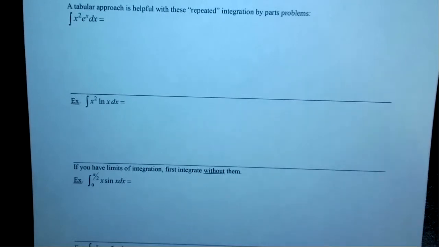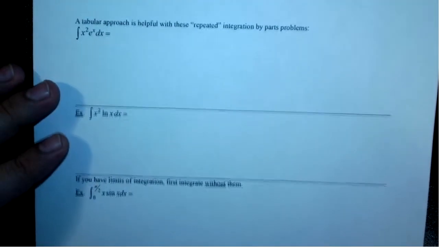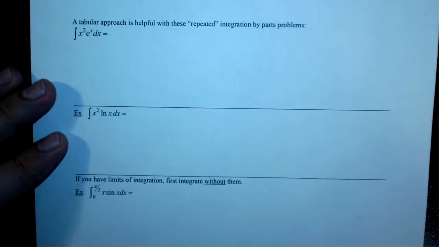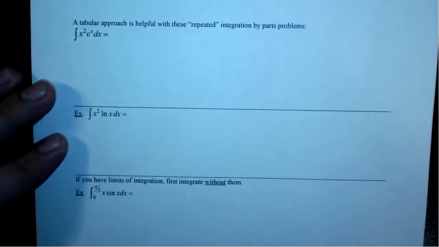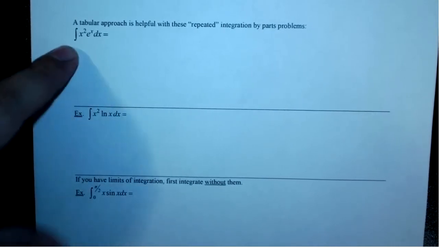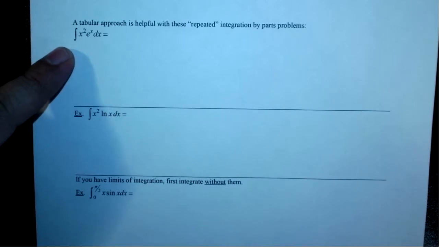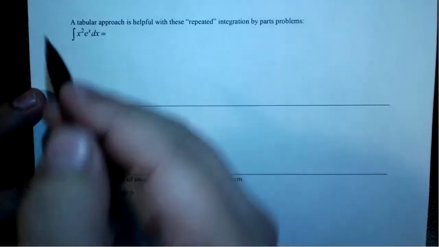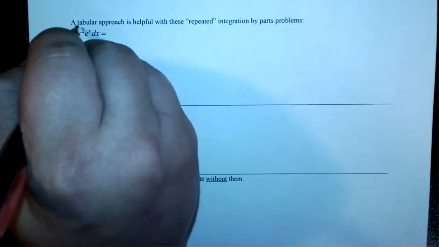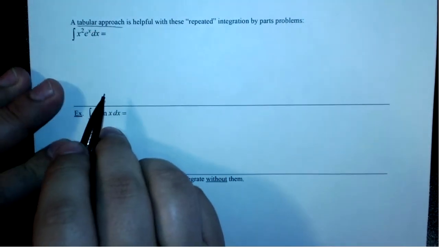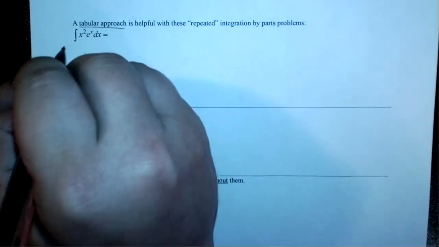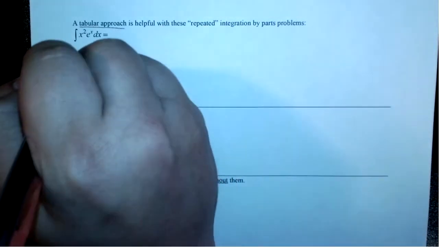It says a tabular approach is helpful with these repeated integration by parts problems. So it's the same problem again that we just had before, but we're going to attack it a little differently. So here's what your tabular approach looks like. You're going to make a table, okay?